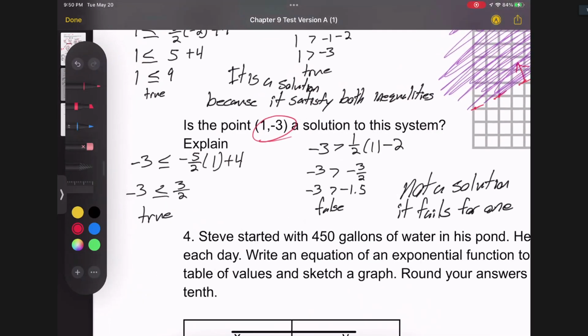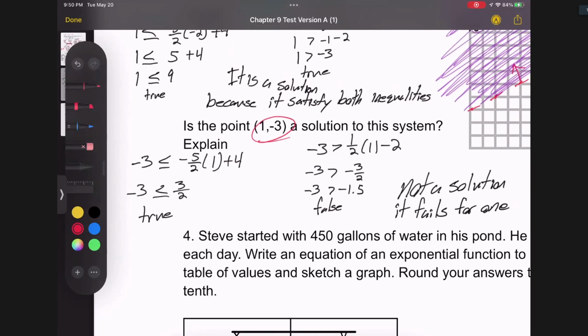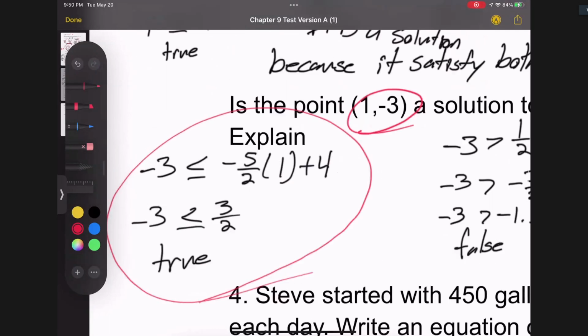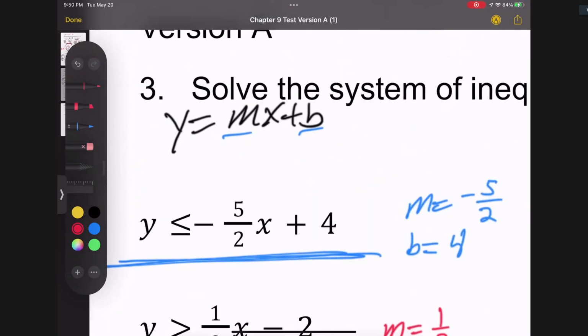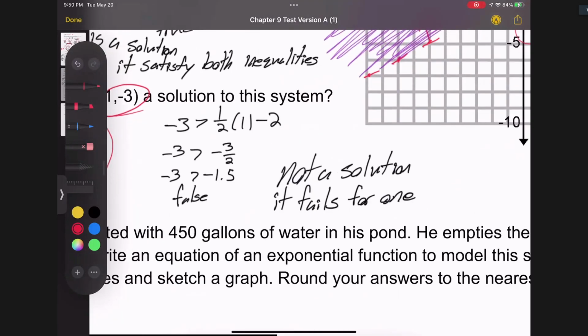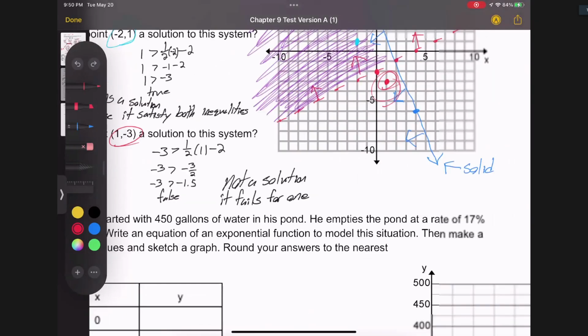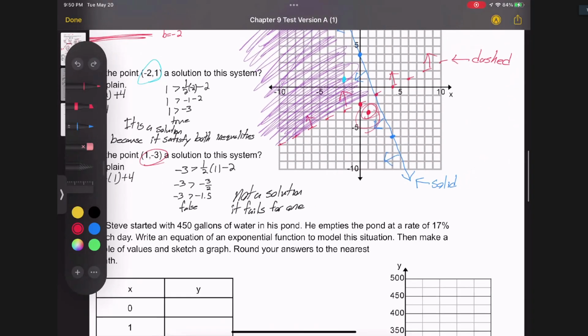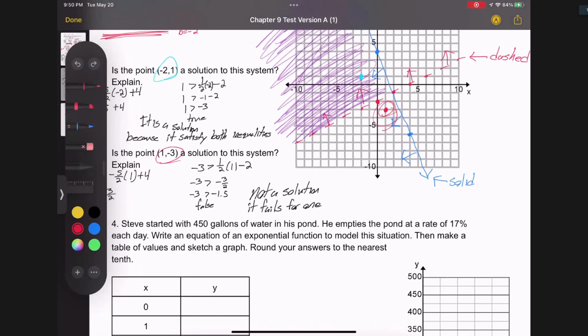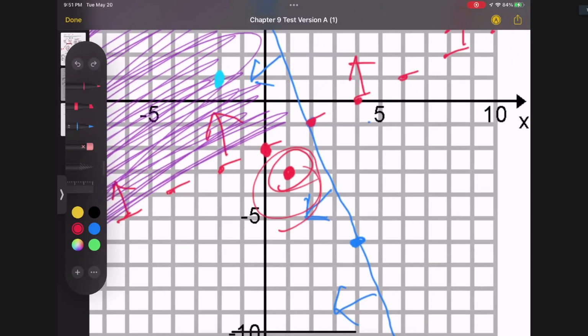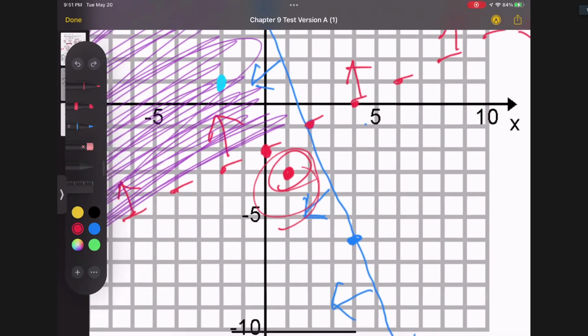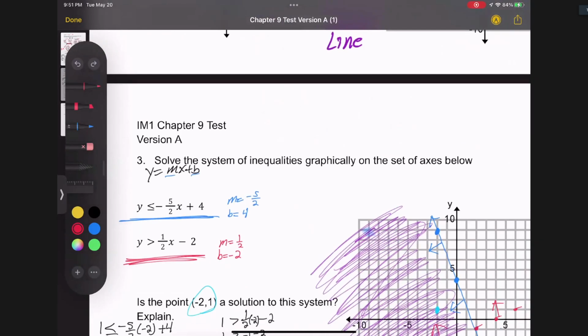In this problem over here, we actually proved where it was true. What is this equation true for? For the blue one. And which one is it not true for? For the red one. So it shows that it is true for the blue, but not for the red. This is an example of showing that it is a solution for one, but not for the other. But the question is, what is the solution?